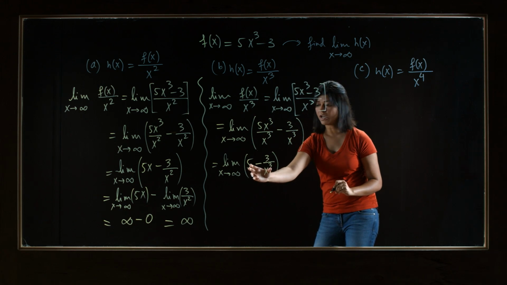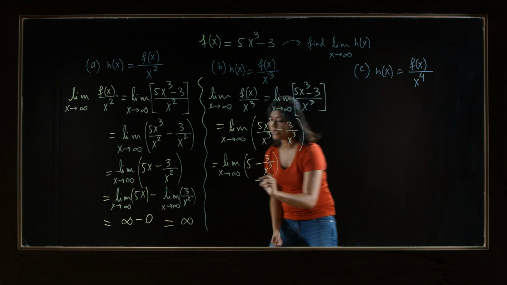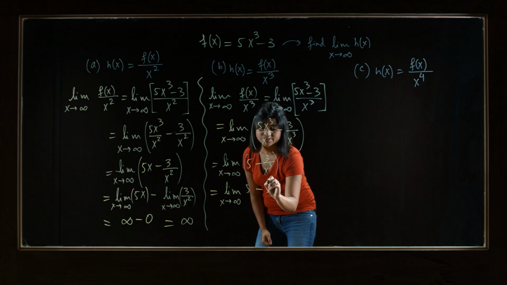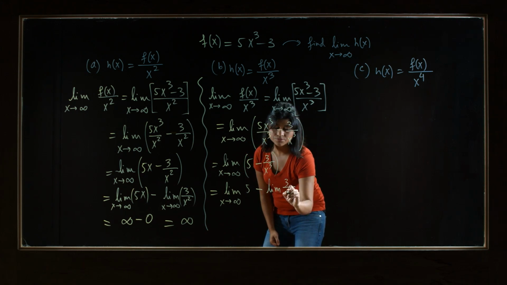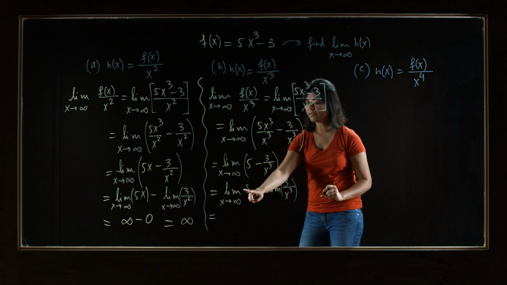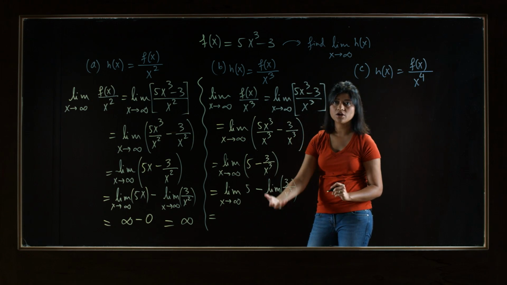Now again we have a difference of two functions, and you can split it into two limits. So it is the limit of 5 minus the limit of 3 over x cubed. Now recall that 5 is just a constant function and the limit of a constant is that constant.